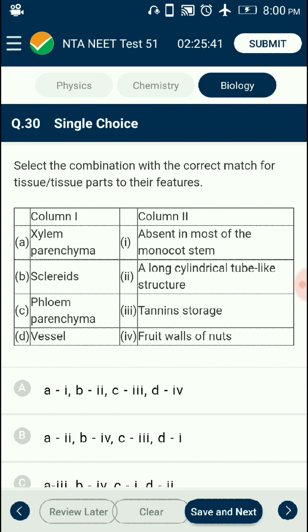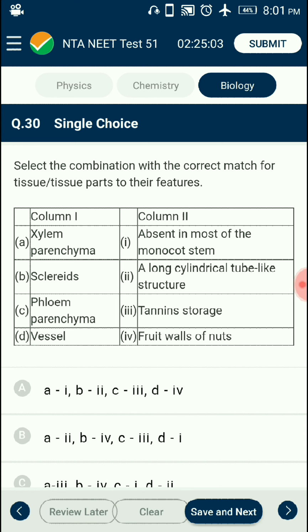Question number 30. Select the combination with the correct match for tissue or parts of the tissue. Xylem parenchyma are the part of the xylem tissue which is the living part of the tissue complex. Xylem parenchyma helps in storage of food material like starch and tannins. Sclereids are a type of sclerenchymatous tissue made up of dead lignified cells. They have narrow lumen and thick walls, found in the fruit walls of nuts.